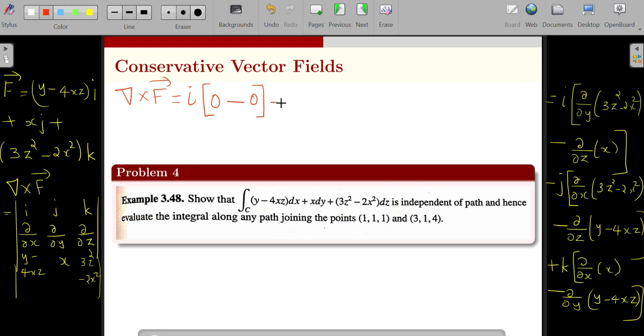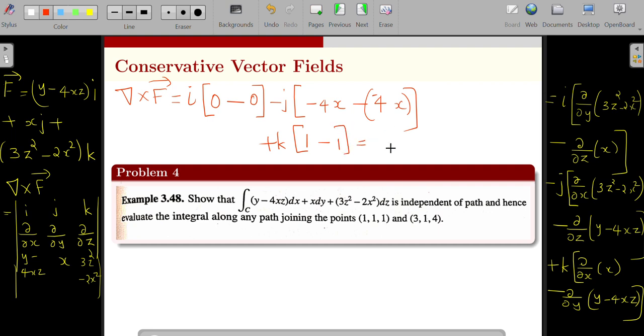So i into 0 minus 0, minus j into dou by dou x of 3z square minus 2x square is minus 4x, minus dou by dou z of y minus 4xz is again there will be one more minus 4x, plus k into dou by dou x of x is 1 minus dou by dou y of y is 1.